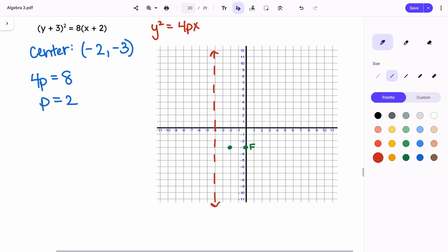You double it. So for the latus rectum part, you're going to double this, and that's going to be 4. So from your focus, you're going to go up and down 4. And there you go.